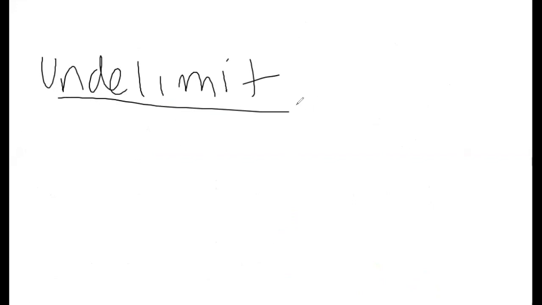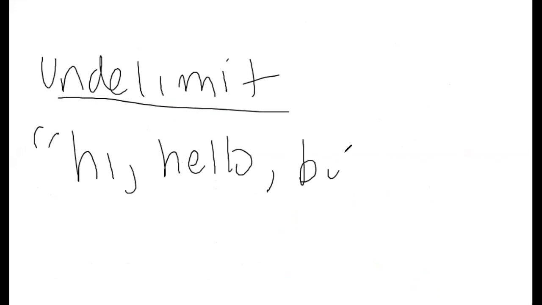All right, so our next function is undelimit. The idea with undelimit is we're given some string with a bunch of characters and maybe some commas thrown in there. The idea is to separate the string into chunks defined by where the commas are.